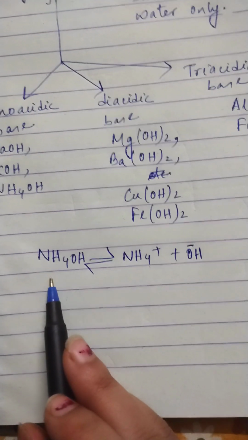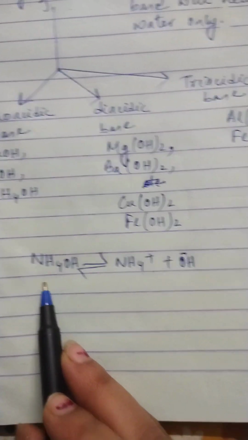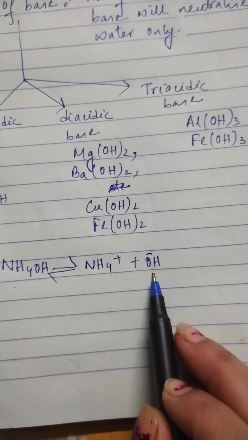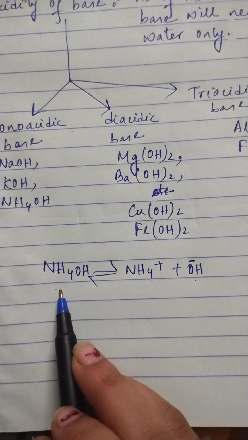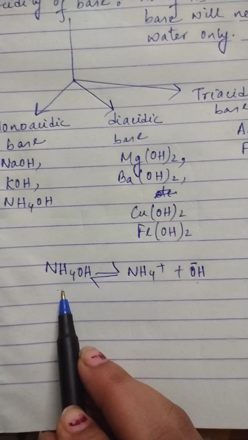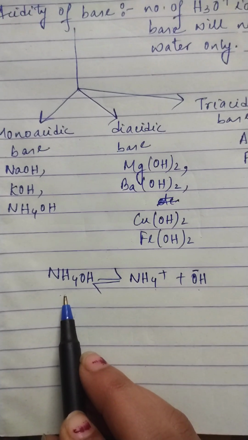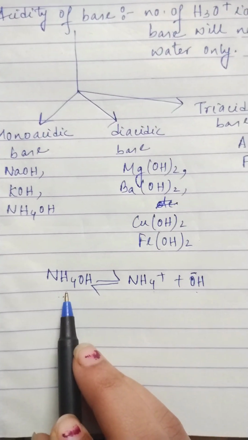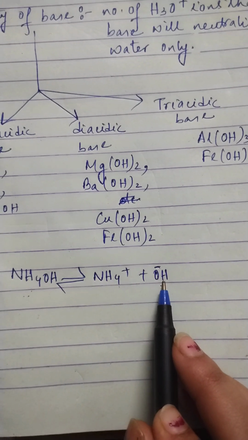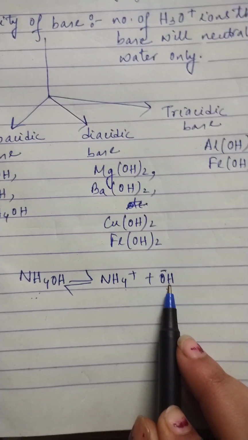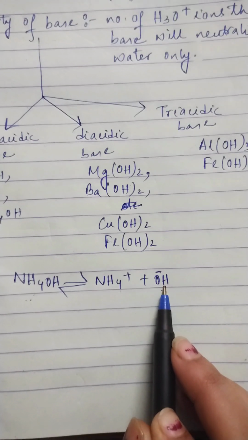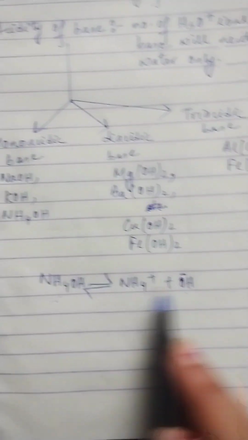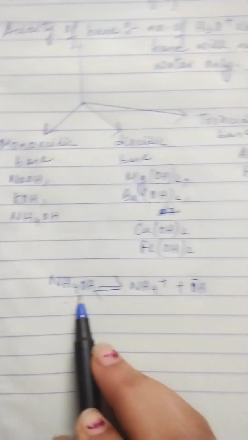That means from one molecule of ammonium hydroxide we will get one hydroxide ion. That means one ammonium hydroxide molecule will neutralize one H3O+ ion. One hydroxide ion is available to neutralize one hydronium ion. That means this is a monoacidic base.